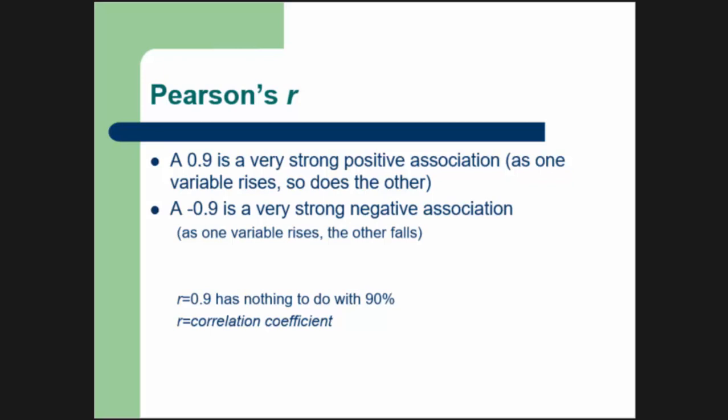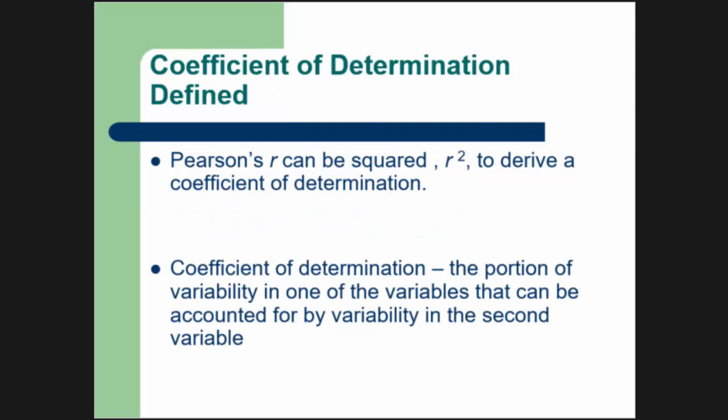When you say R is 0.9, you cannot say R is 90%, because R is the correlation coefficient. You can only say one causes the other when you do the R square. Why? Because R square is known as the coefficient of determination, in Malay, pekali penentu.